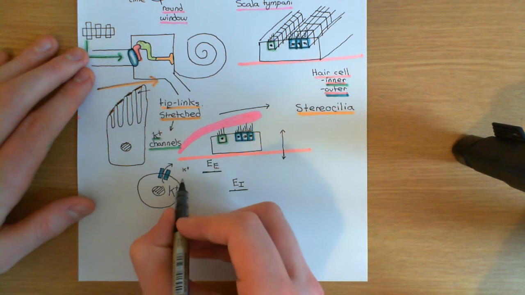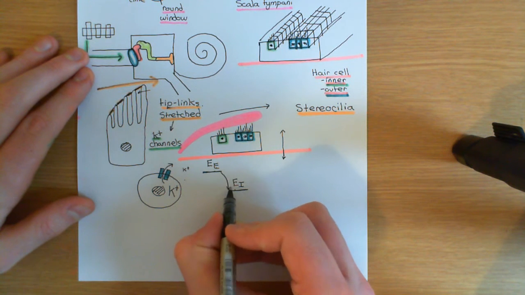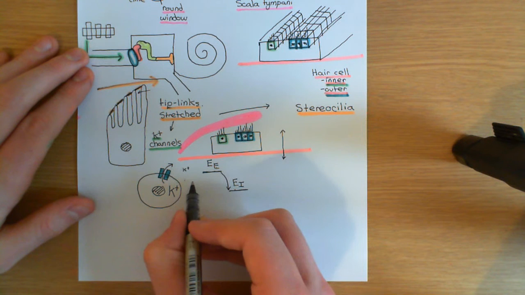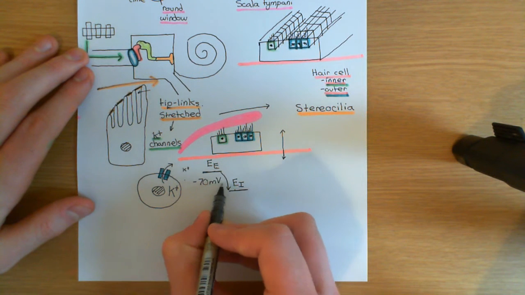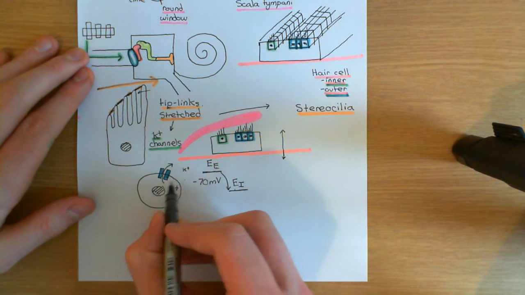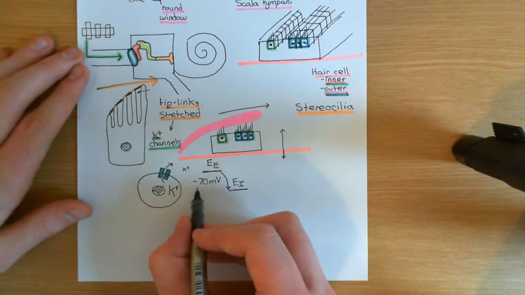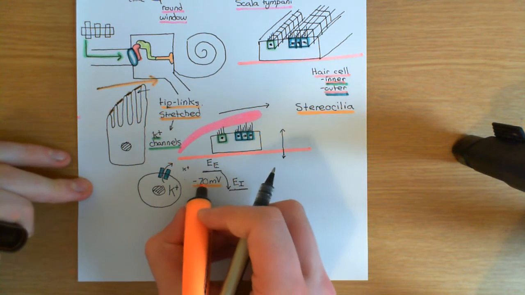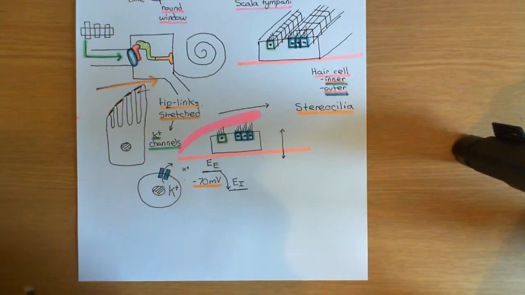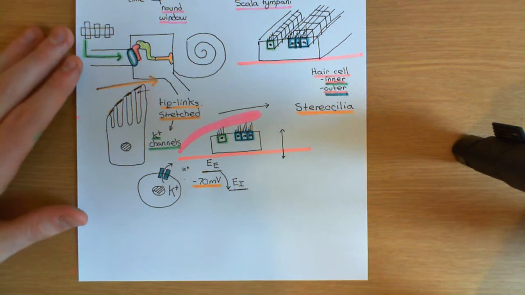So normally if I move from the extracellular compartment to the intracellular compartment, I step down in electrical potential, usually by 70 millivolts. So normally the voltage across the cell membrane is negative 70 millivolts or thereabouts, negative 65 to negative 70 millivolts. People quote the resting electrical potential difference differently, but it's around that sort of value.